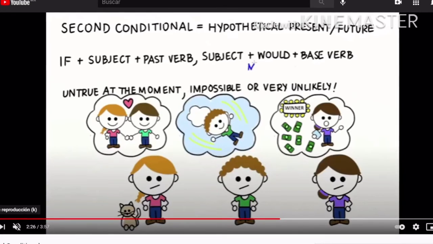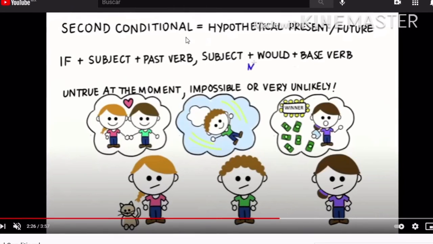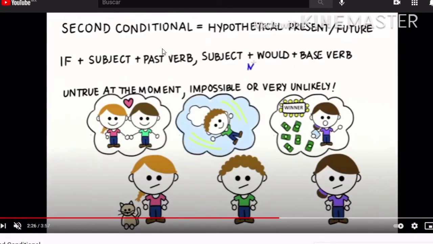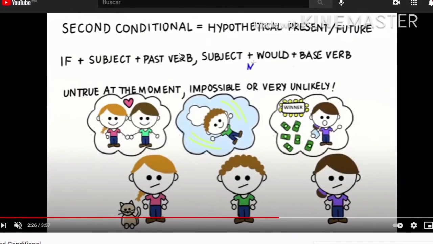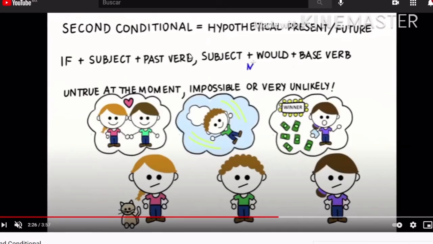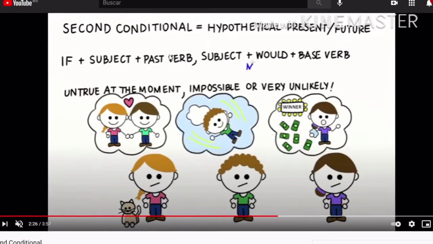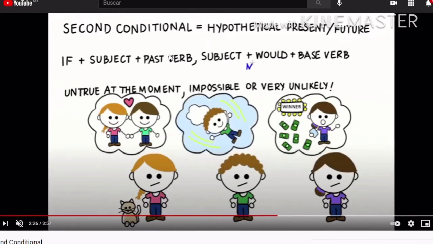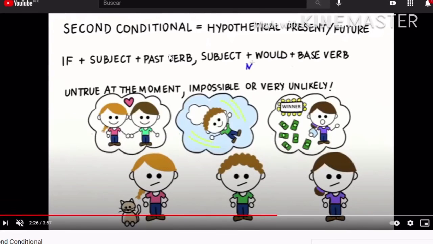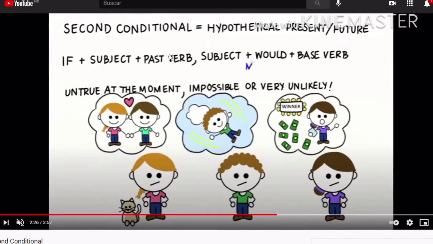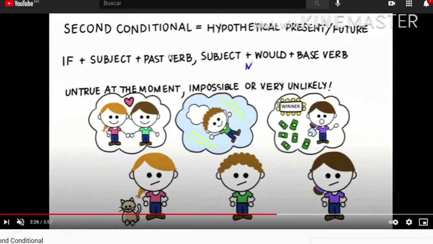Here you have to be very careful because the second conditional uses a past verb. So I have to know all the verbs in past, and we're gonna review the verbs this week, so we could use the second conditional correctly, because if we don't know the verbs, we cannot use it correctly.